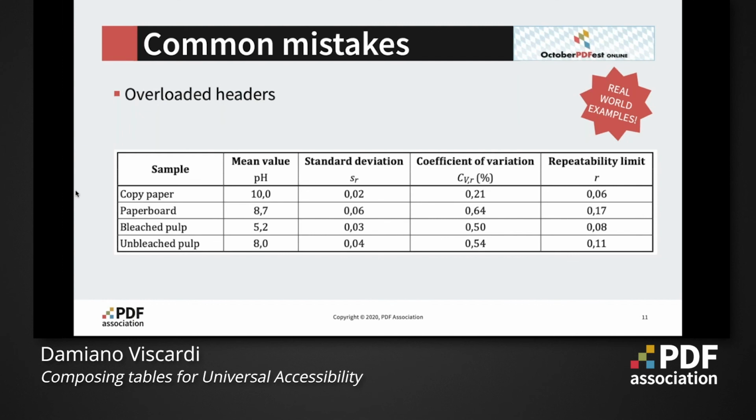In this case, the pH unit should be repeated on every cell. Yes, that's the way to read the table, because I should be able to enter the table on any of the rows and be able to get the value 10.0 or 8.7 as a pH unit.